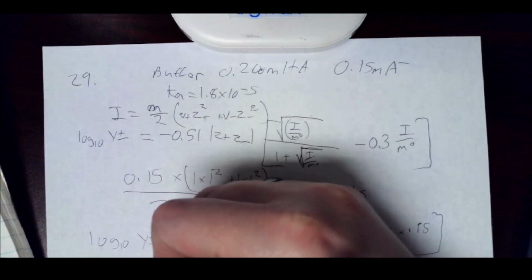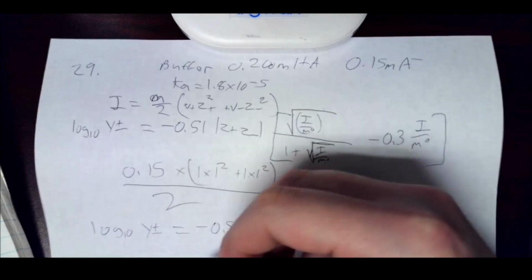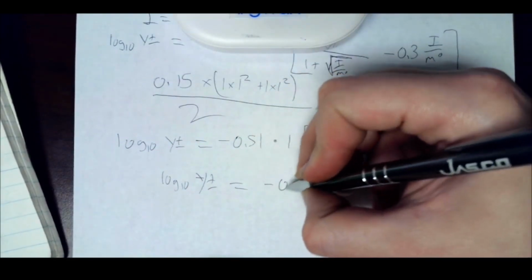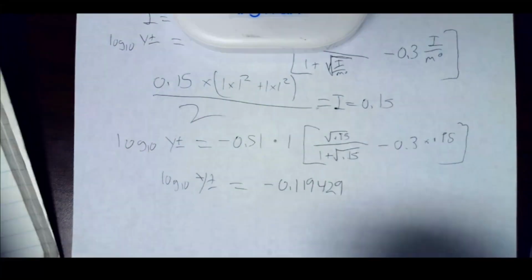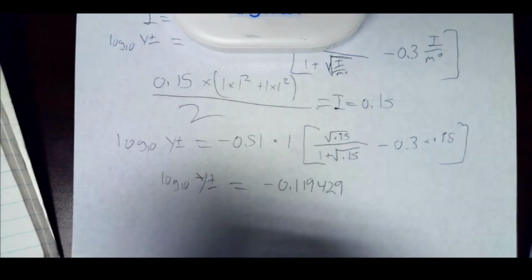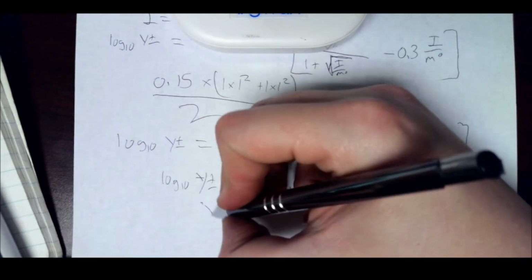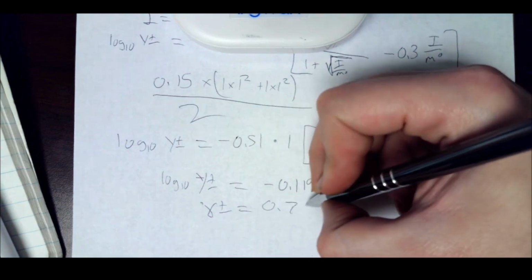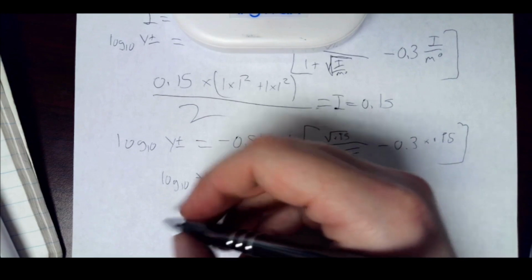So you have log base 10 of the activity coefficient equal to negative 0.119429. So I'm going to inverse log, and I get an activity coefficient of 0.75957.